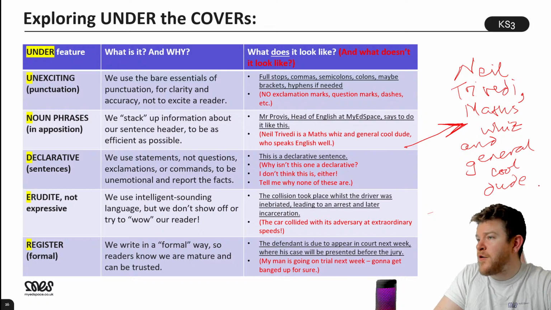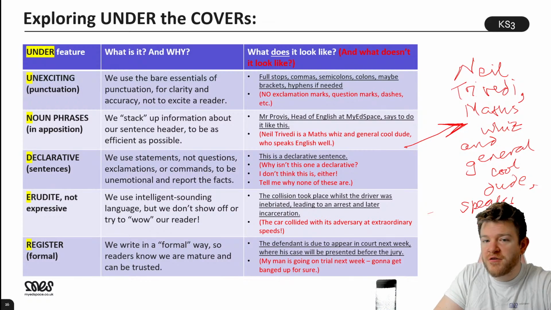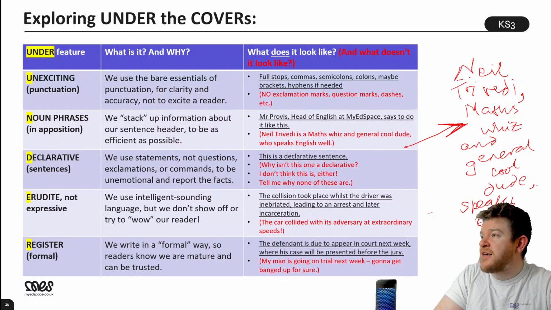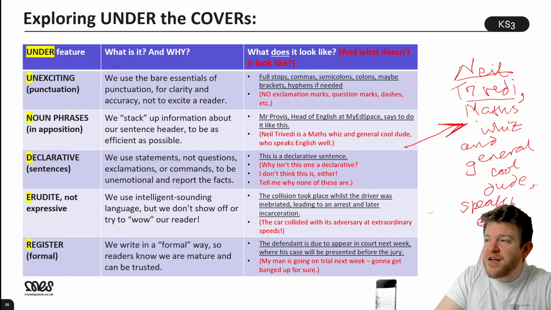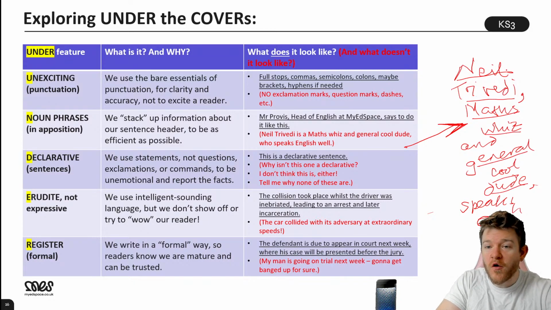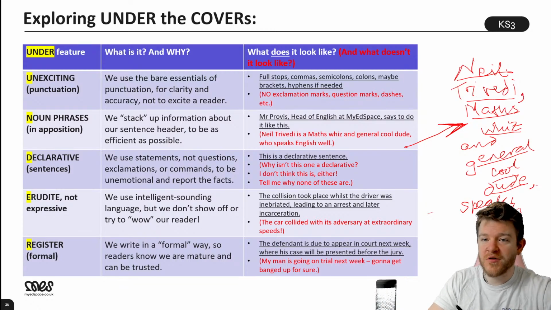And then I would need to end it with speaks English, and it's behind my head. But you get the point. So we've laid out our original noun, which is Neil Trivedi. We've then given another version of that noun, maths whiz, and general cool dude. So we've got three bits of apposition. Okay?